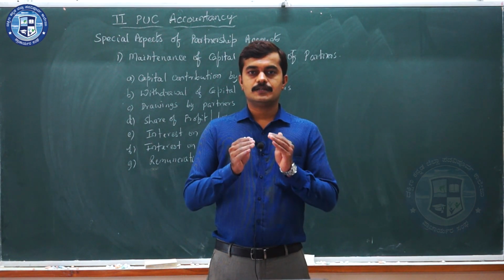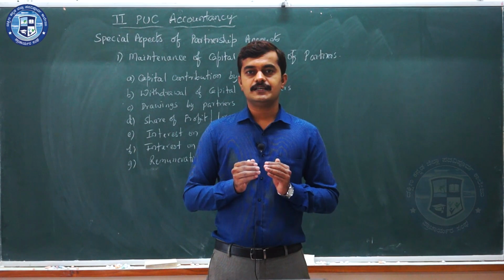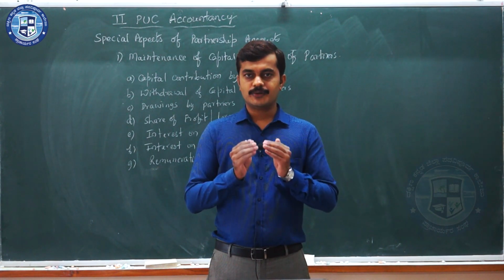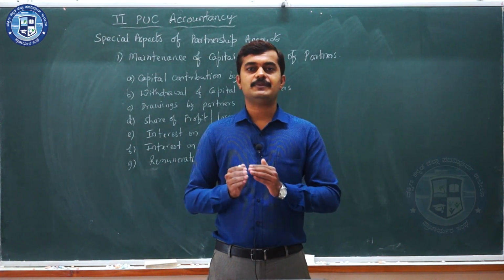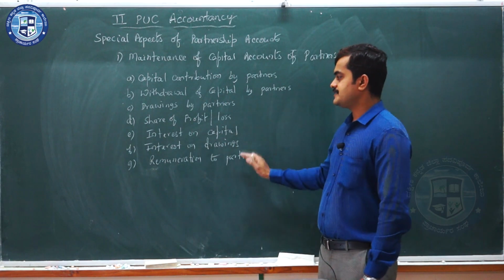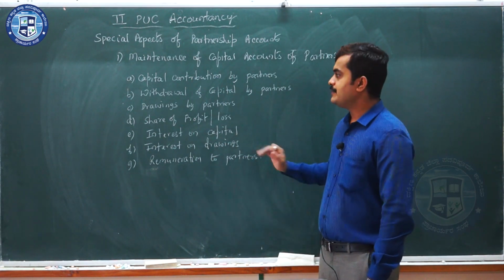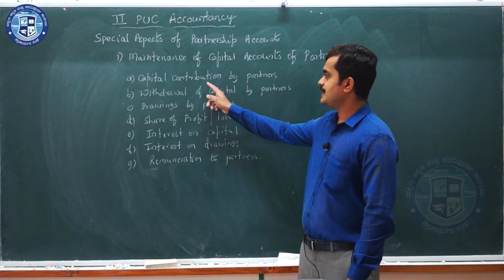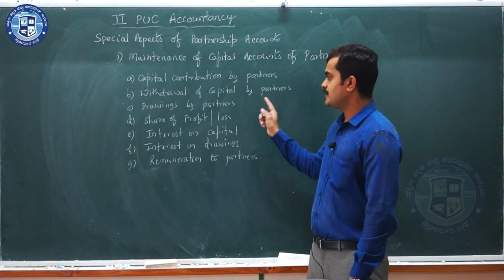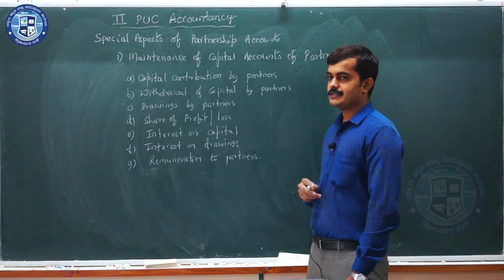So let us see what are those different transactions which we are going to record through the capital accounts of partners. In total there are 7 such transactions. Let me read them out. The first transaction is capital contribution by partners. Second is withdrawal of capital by partners.